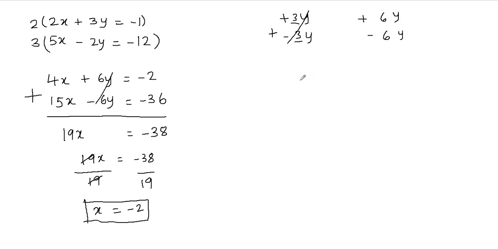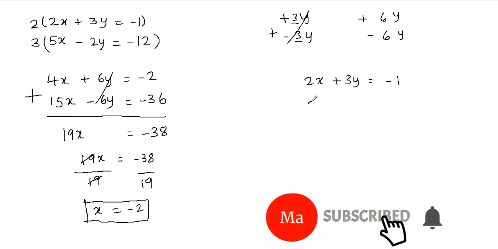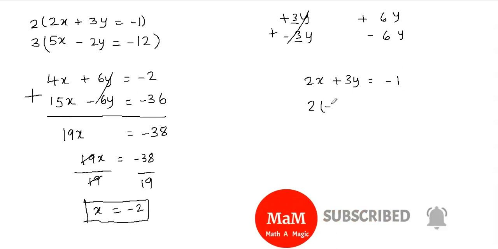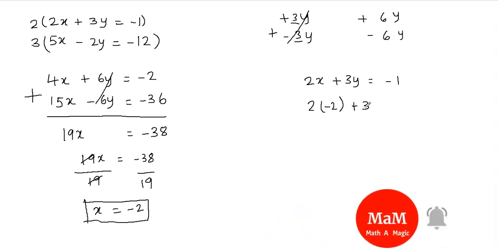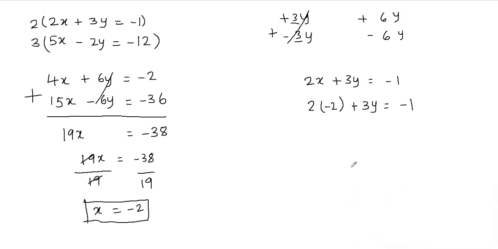Make sure that you choose the original equation. The original equation was 2x plus 3y is equal to negative 1. I will substitute negative 2 for x. So this is 2 times negative 2 plus 3y is equal to negative 1.